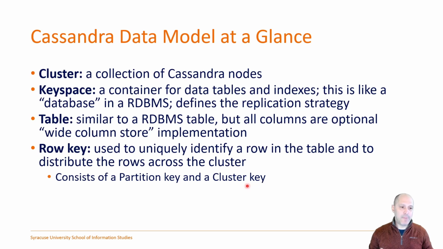So what the heck is a partition key? The partition key determines which node in the ring the data gets written to, which node in the keyspace, technically, the data would get written to. And the cluster key is pretty much like the primary key of the table, the part of the table that only exists on that node.